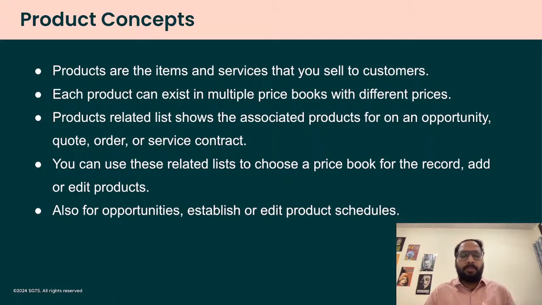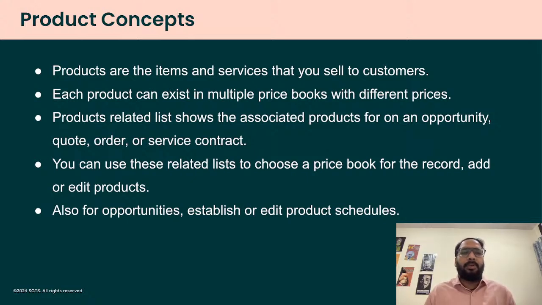Okay, so how to manage products and their pricing with the help of price book, that is what we are going to discuss. Basically products are the items and services. A product can be a product or it can be a service that you want to sell to your customer, and each product can exist in multiple price books. In Sales Cloud you can have different prices for each product, right? Suppose you have a product computer. For that product you can have different prices based on different parameters.